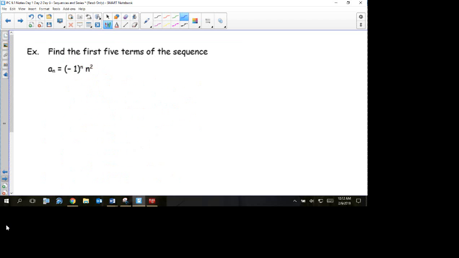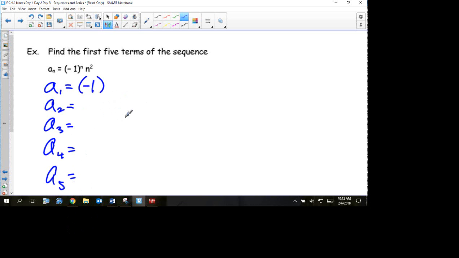Okay, here's the next one. Find the first 5 terms of the sequence. So we're going to plug in 1, then plug in 2, plug in 3, plug in 4, plug in 5. So do -1 to the 1, and then 1 squared. -1 to the 2, and then 2 squared. -1 to the 3, 3.